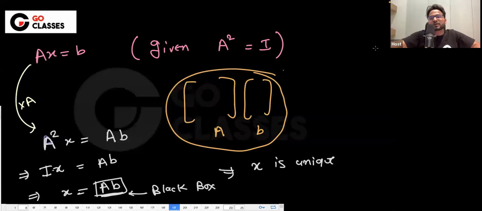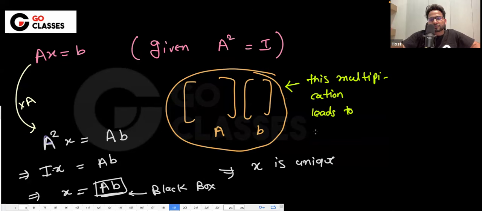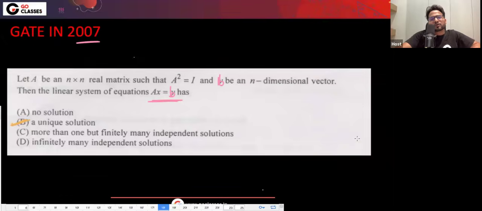So this multiplication leads to a single answer, and that's why x is unique. Understood? So what is the answer here? Answer is B, unique solution.